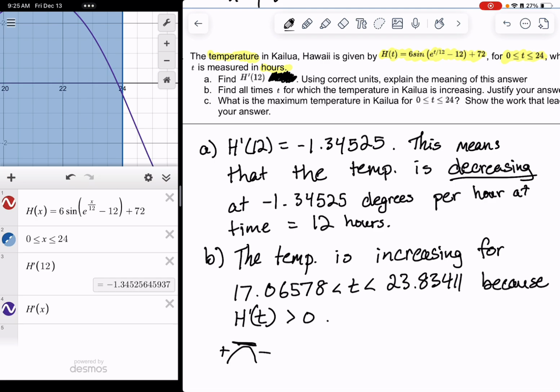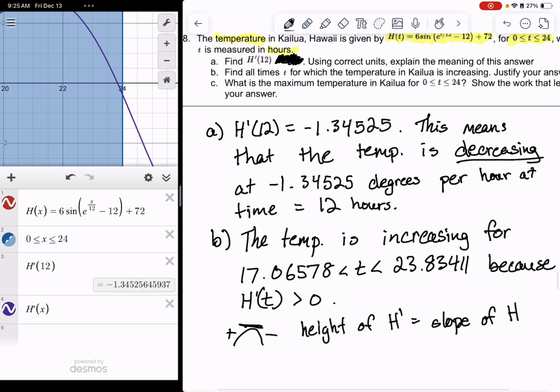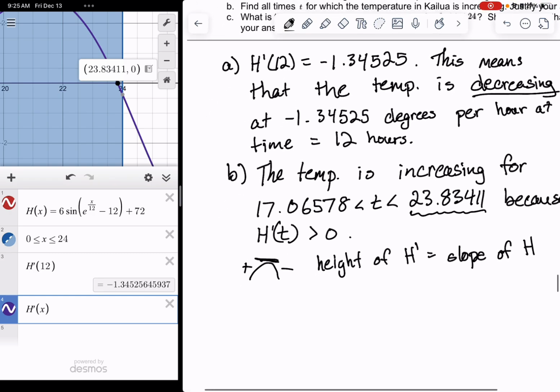So when the derivative changes from a positive height to a negative height, because the height of h prime is equal to the slope of h. All right, so let's start looking at what things we might have. So we have that number that was 23.83411, and then we have the endpoints.